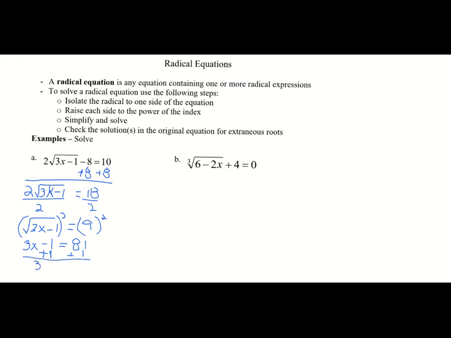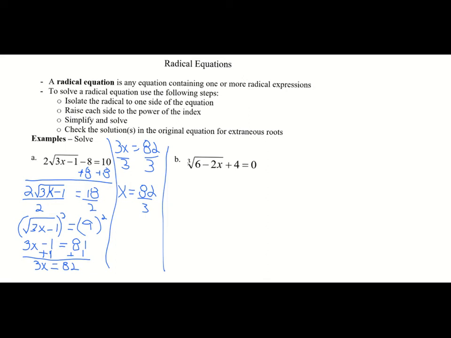So I have 3x equals 82. We'll divide by 3. So x will equal 82 over 3. We do want to check that to make sure it works with the original equation, and make sure it's not an extraneous solution.